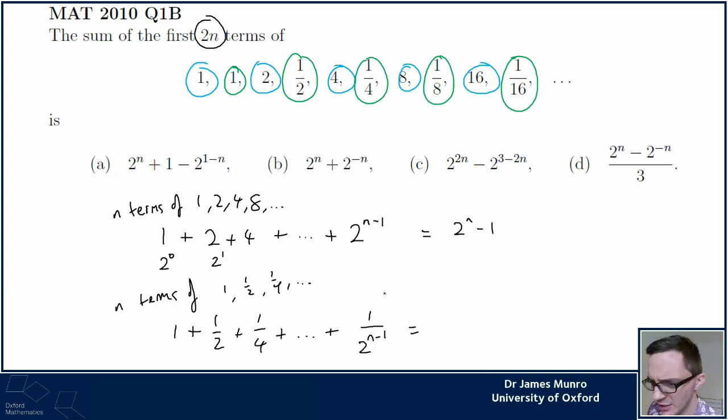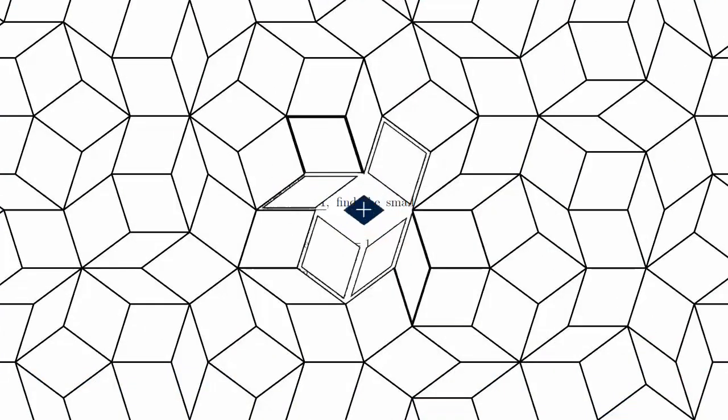And when I add those up, what do I get? Is this 1 over 2 to the n? 1, 2 to 1, 2, 1, 2, 3, 4. Yeah, n minus 1. Okay. When I add all of those up, I think I get 2 minus 1 over 2 to the n minus 1. Okay, so adding these two things together gives me a 1 and a 2, making a 1 in there as well.